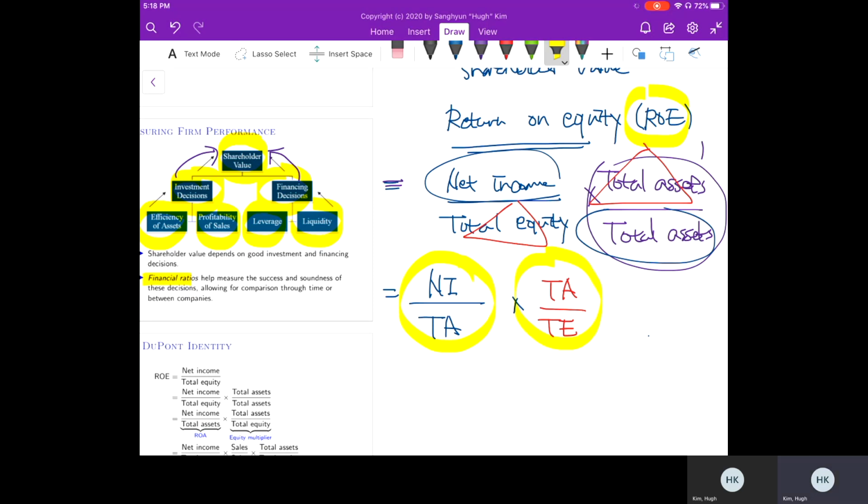The first financial ratio is called return on asset, or ROA.